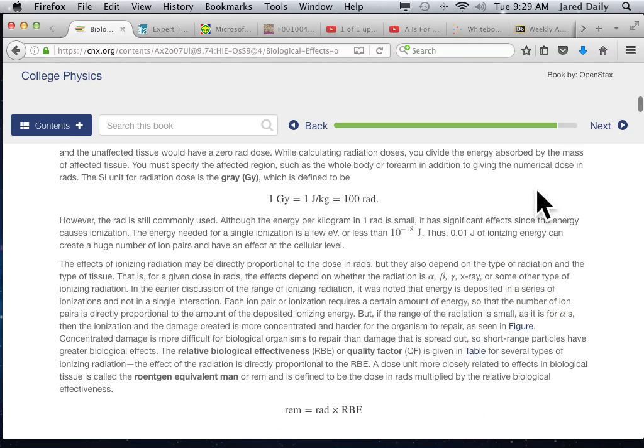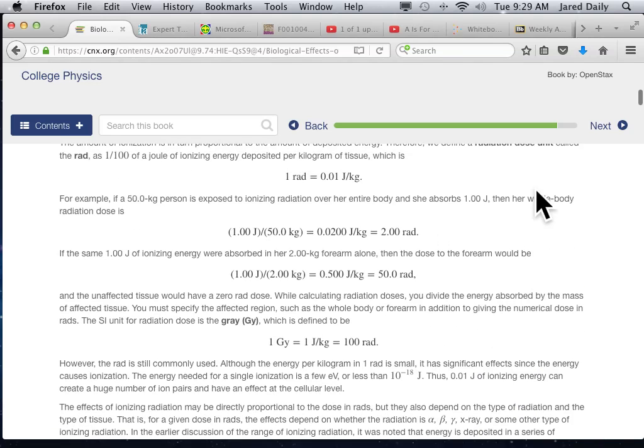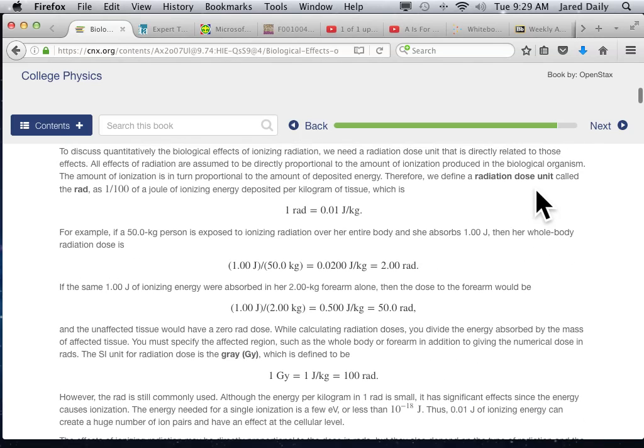But eventually they came up with some ways to measure the amount of radiation coming out and also to determine if that radiation amount is going to be dangerous. So here we have one of the units that we use for measuring a dose of radiation. 1 rad is equal to 0.01 joules per kilogram.